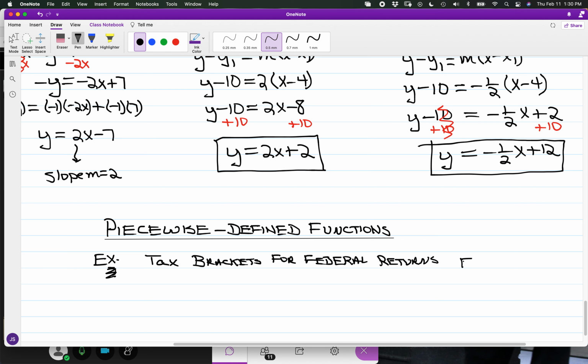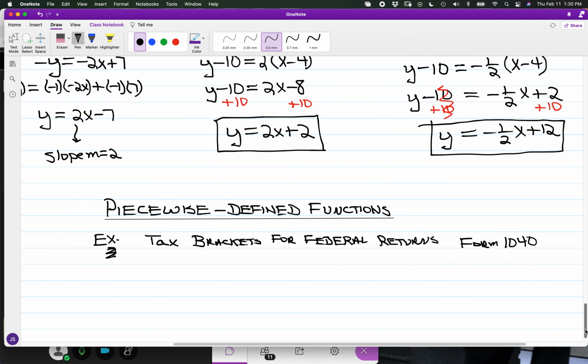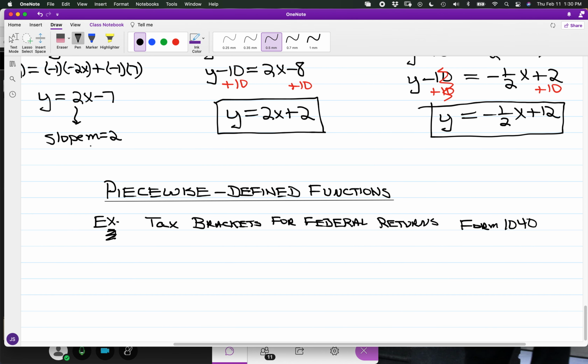Yeah, something like a Form 1040. This is just an example where you have not one function to run continuously, but where you have it split up into different sections.